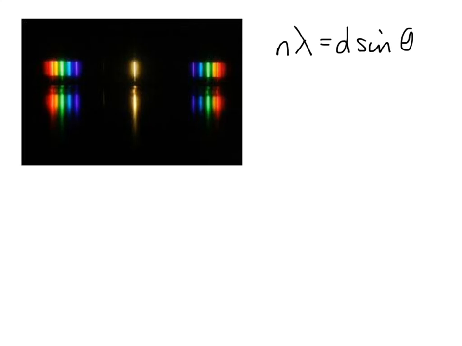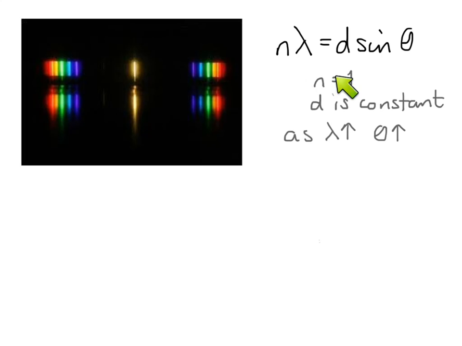Because in this equation we've got n=1, we're looking at the first order fringe, and d is constant because it's obviously through one particular grating. So in the equation, as lambda increases, sine theta increases. So as you can see, the larger the wavelength, as we go towards red, the further out it is, the bigger theta is.